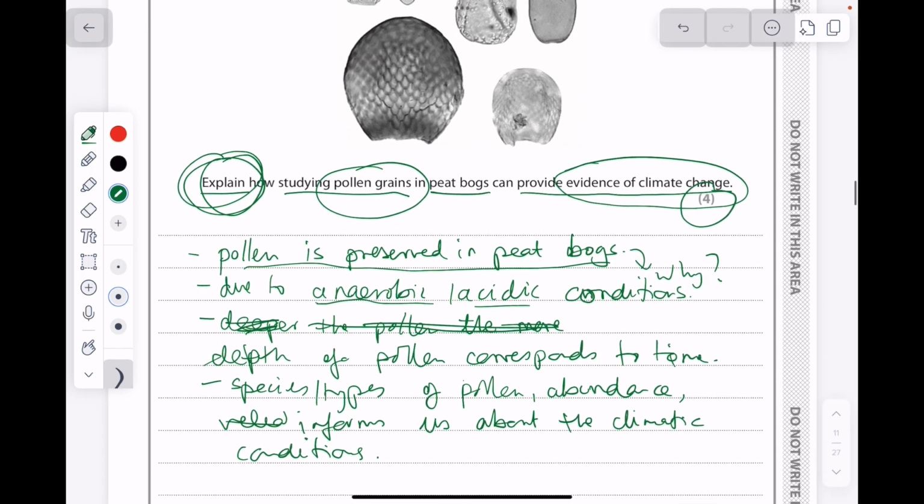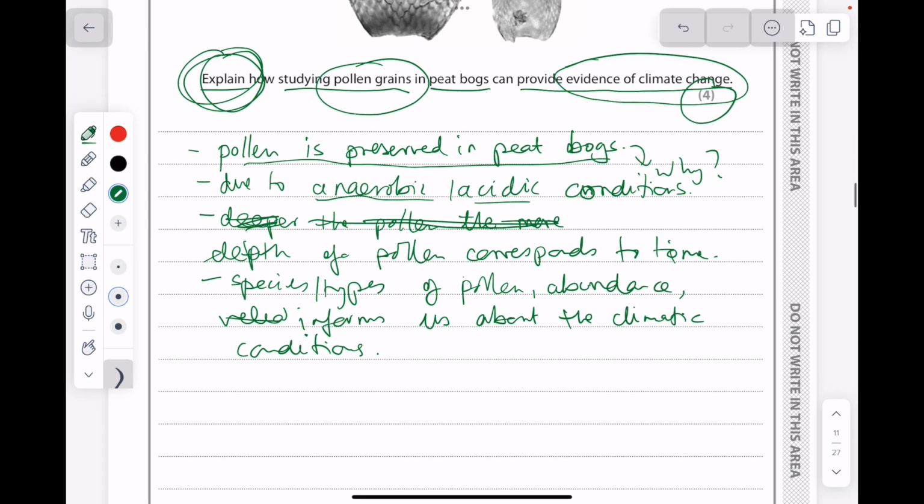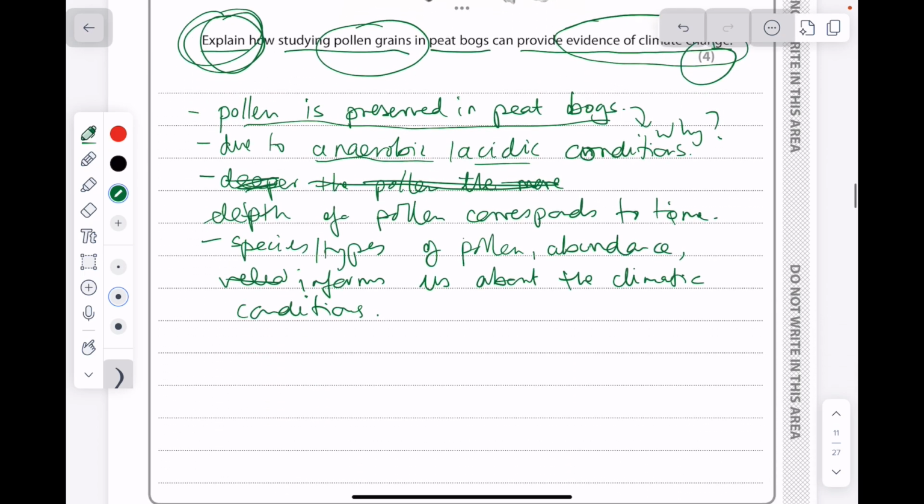Okay, I think that's about it, right? Explain how studying pollen grains, maybe observing pollen under the microscope.